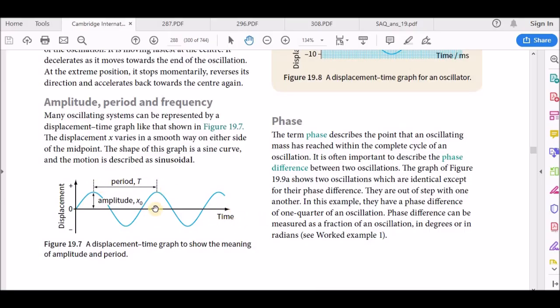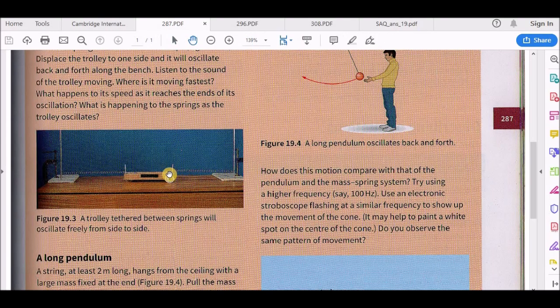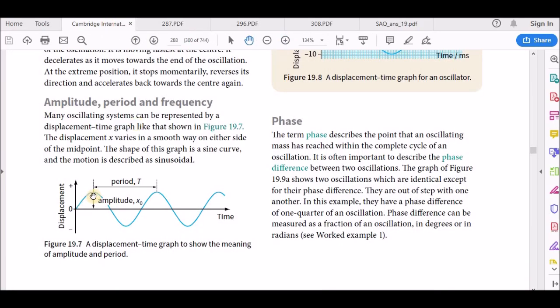If this was distance, then it would be wavelength, but here we have time, so this is the period. For example, if it starts at this end, goes like this and comes back to this position, that is one whole cycle. That is the period.